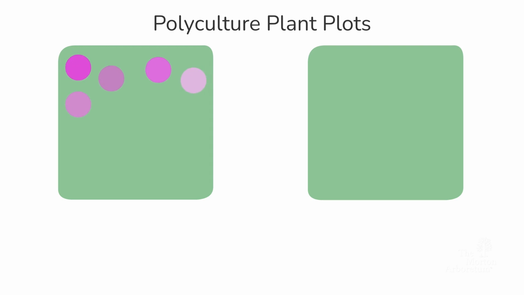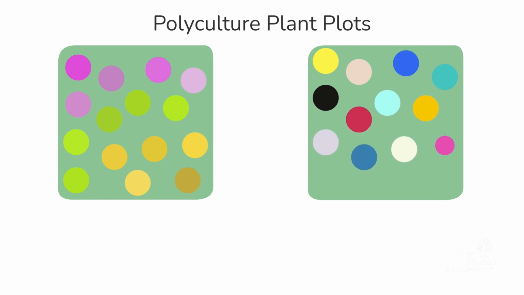The other way in which the plots vary is what we call phylogenetic diversity, which is just a measure of the relatedness of the species. So you could have 15 species that are very closely related. They could be 5 roses, 5 mints, and 5 sunflowers, or they could all be from different families.